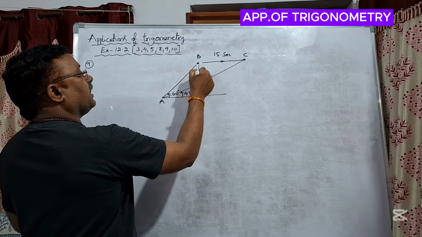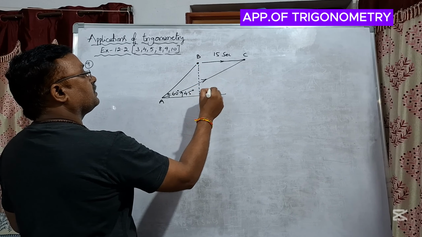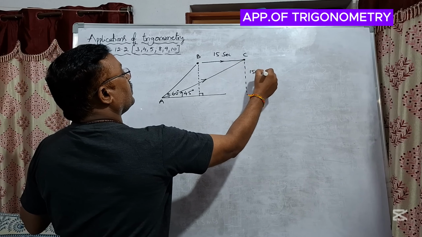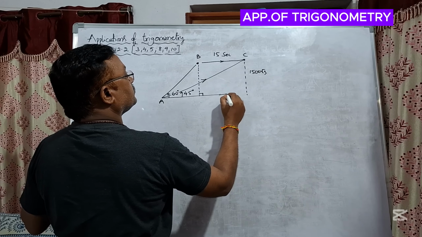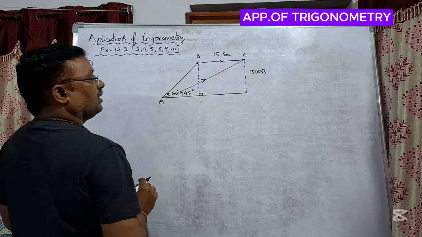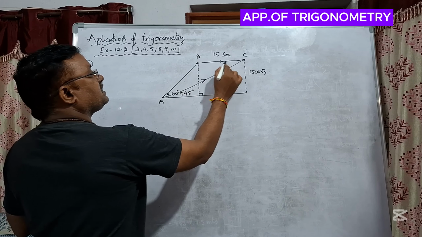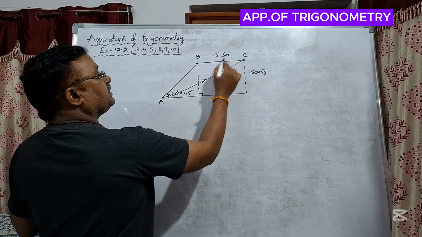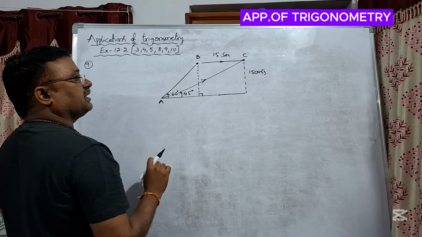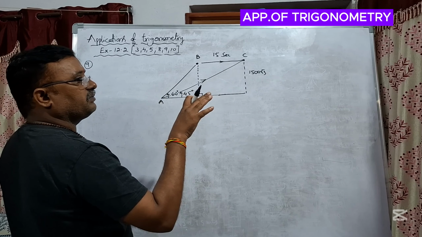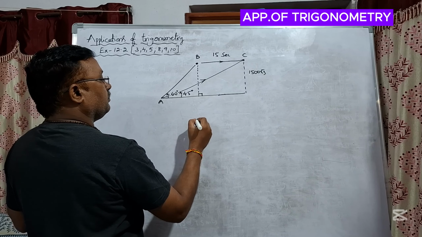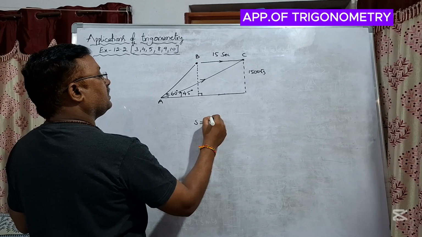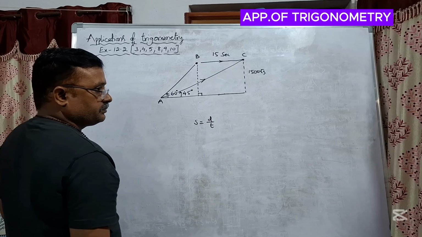And the jet is flying at a constant height of 1500 root 3 meters. Then how much distance traveled, means BC, but in the question they are asking what is the speed of the jet. So we know that speed of the jet equals distance by time.